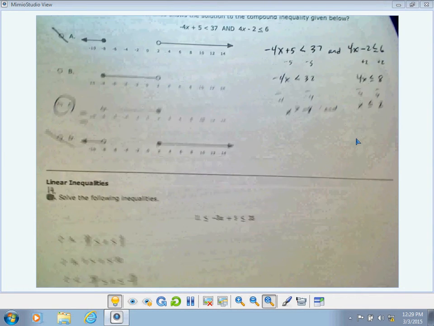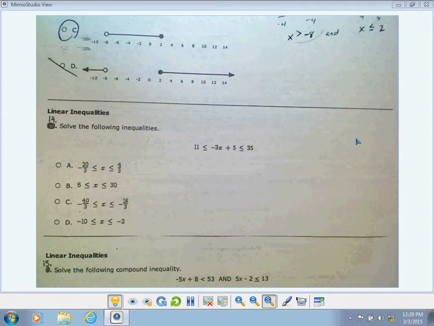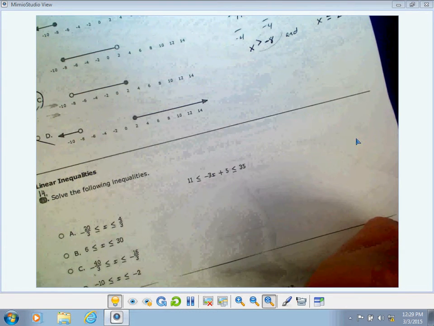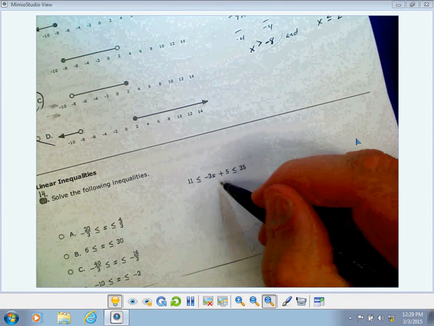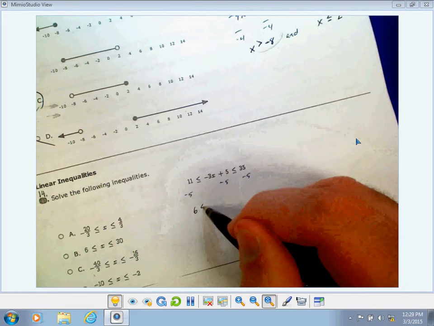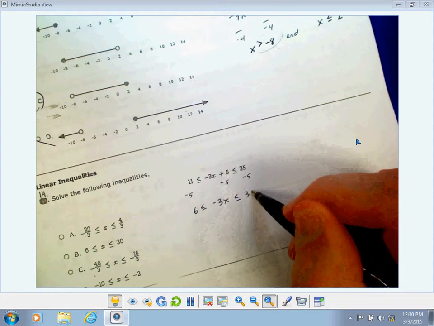Number 14, same concept. Presented a little bit differently, but it is the same idea. Everything that we do in the middle, we're going to do to both parts. So I'm going to subtract 5. That's 6 less than or equal to -3x less than or equal to 30.